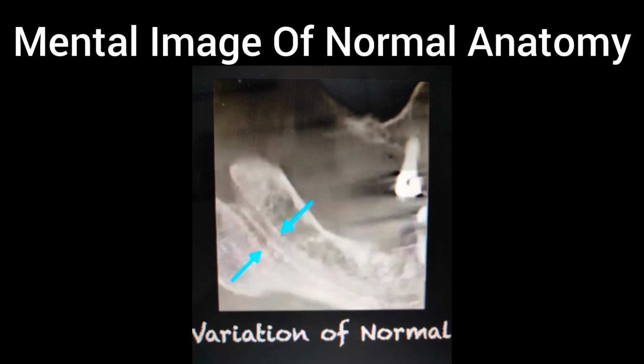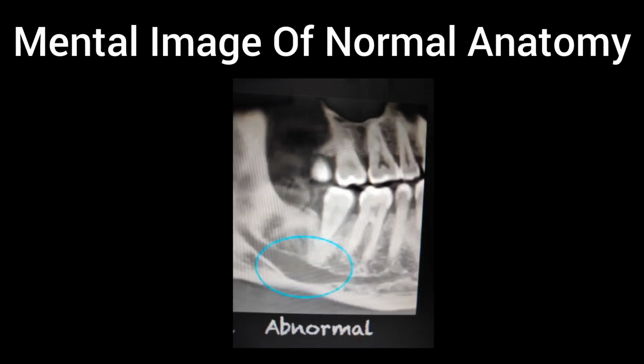Here we can see the mandibular canal is actually bifurcated. So is it pathologic? No, it is just a variation of normal. So if you want to be placing implants in this area, it's not pathologic but just a variation of normal. So now this is the abnormal image.